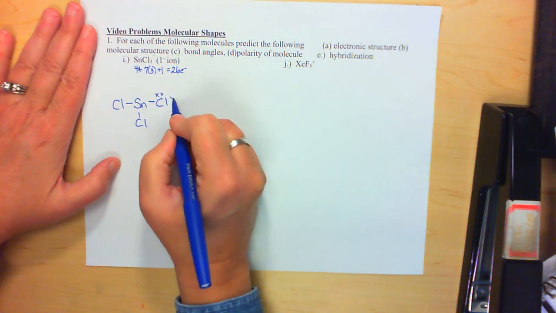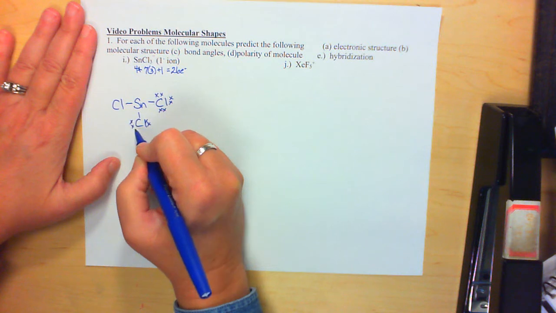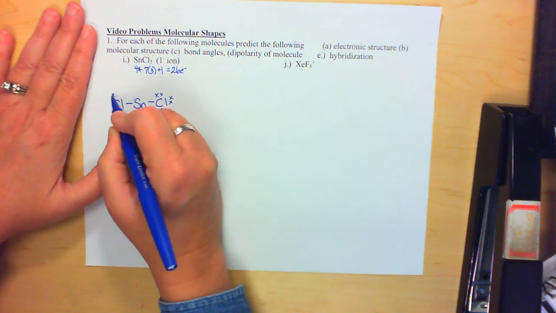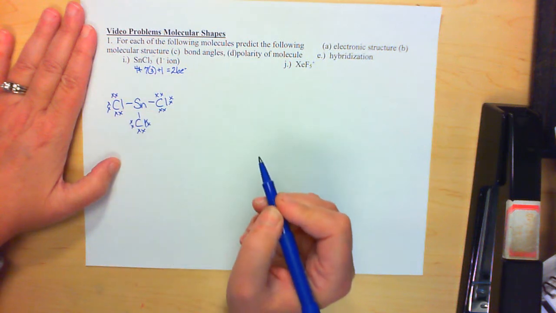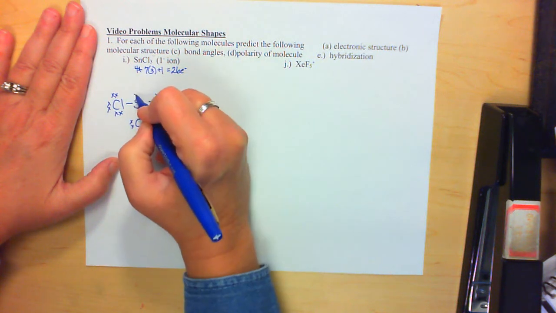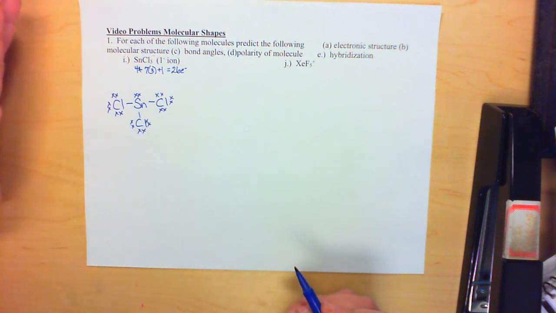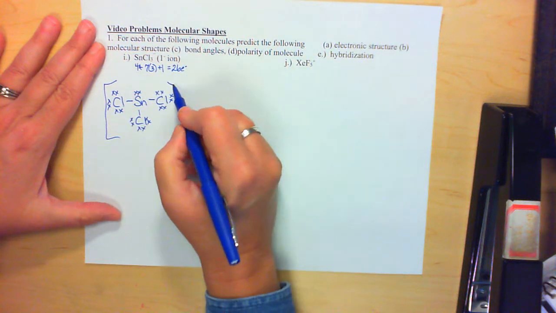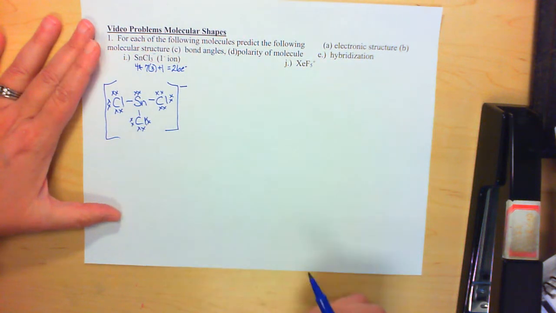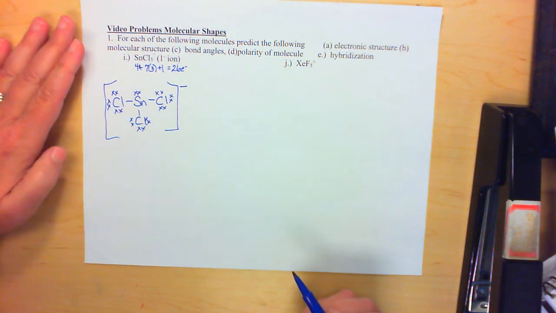So we're going to fill the valence shells of the external atoms, and by external I mean the ones that are not the central. So we're up to 24. We have 2 left over, so we're going to put it on the central atom. Now everybody has an octet, but we're not through with this structure because this is an ion, so we have to designate that there's an extra electron somewhere in there.